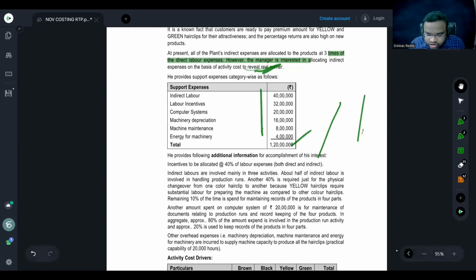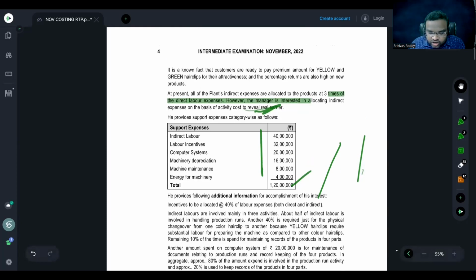Incentives are to be allocated at 40% of the labor expense, both direct or indirect. So incentives at 40% of labor expense.